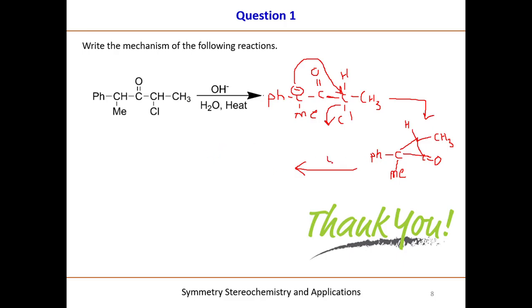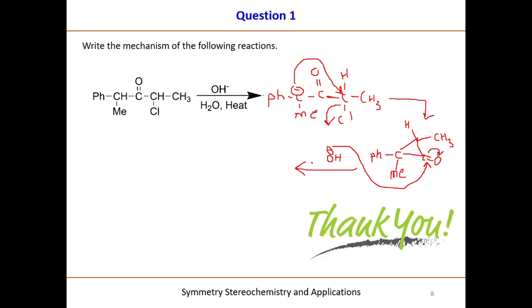So what happened? OH minus, we have here base. So OH minus will attack on this carbonyl carbon atom here, and this will happen like this. It will attack over here.